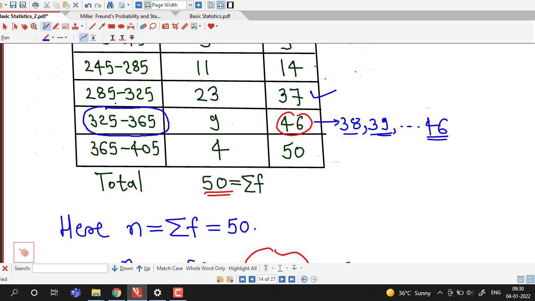So this is the third quartile class. So 325 to 365 is third quartile class. So we will consider L equal to lower limit 325, F is frequency of this class, cumulative frequency of the class preceding this class is C equal to 37.